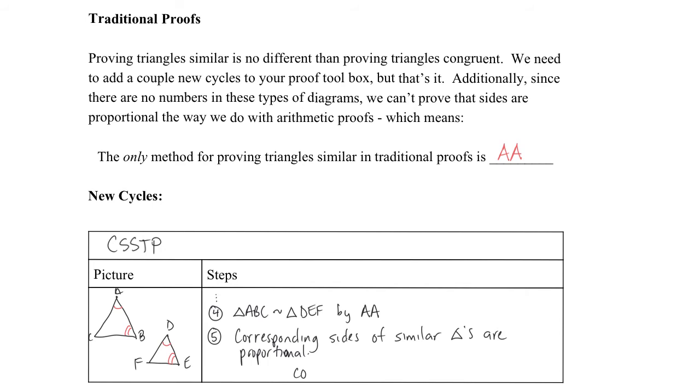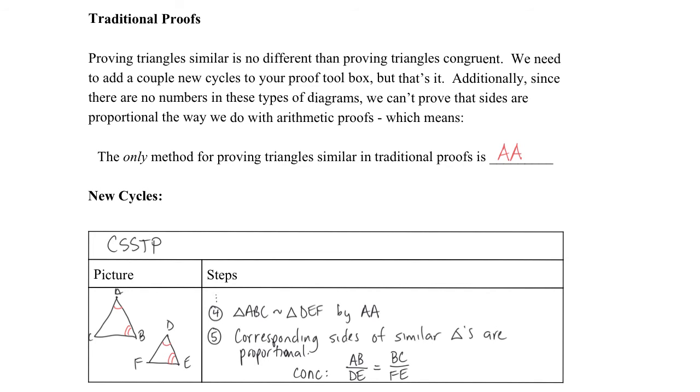So the conclusion for this would look something like the following. It may not be exactly this, but it's going to be something similar to this. It's going to be something that says like AB over DE equals BC over FE. Okay? So that's what these look like.